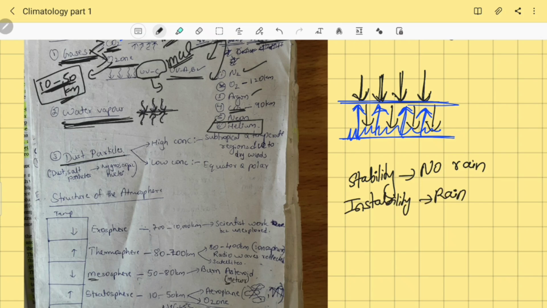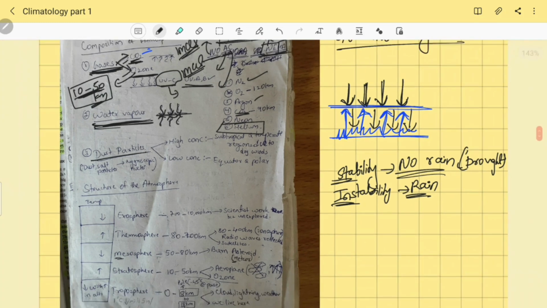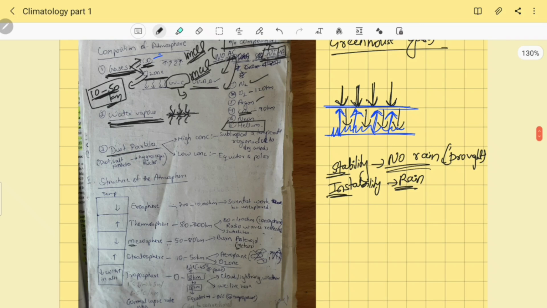I know this might sound vice versa, but instability means rain, stability means no rain, or you can say drought. So water vapor contributes to stability and instability in the air. That's all about water vapor.